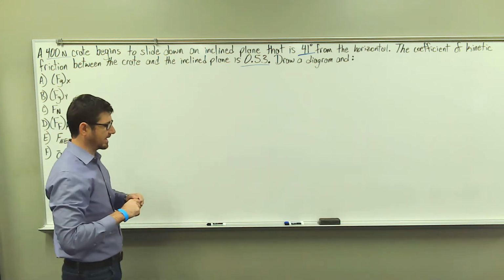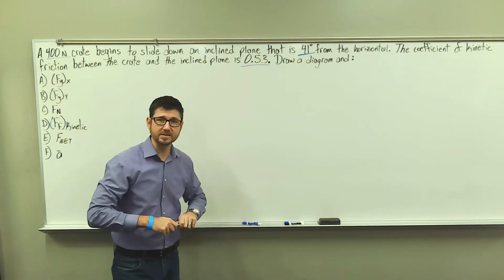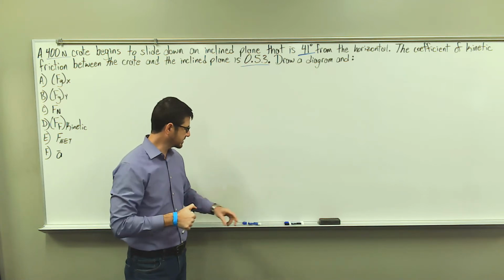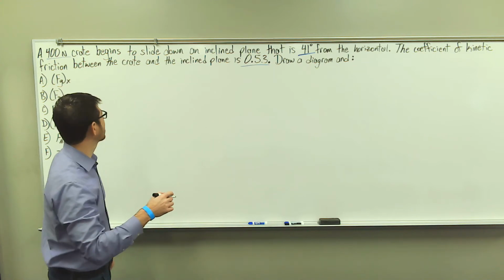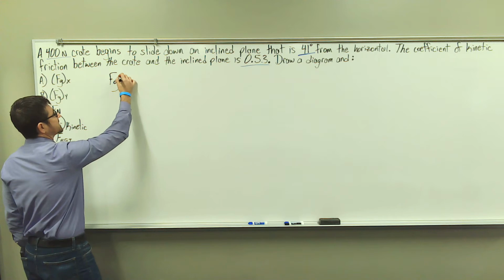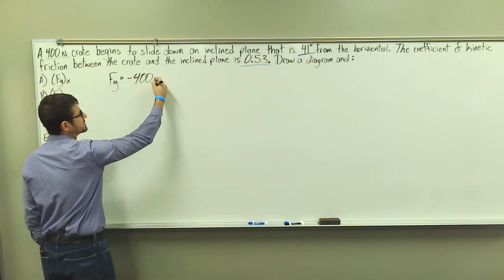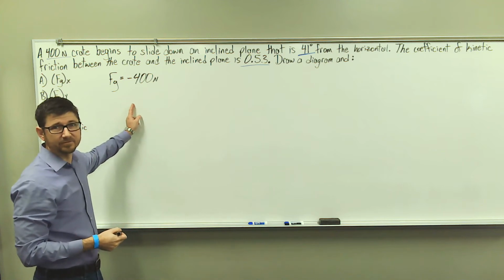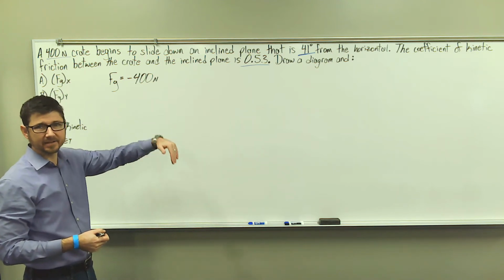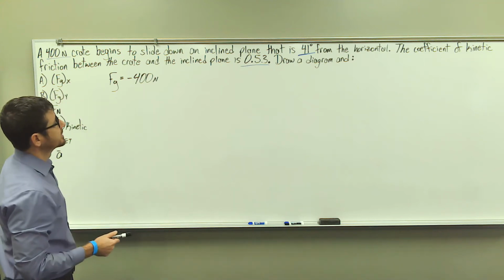So let's go ahead and get started with the column of knowns that is given to us in the problem. The first thing is the weight force due to gravity. This is identified by F sub g, and it is a negative 400 newtons. Remember, weight force is a vector, and the vector points in the negative y direction, so we have a negative value here.